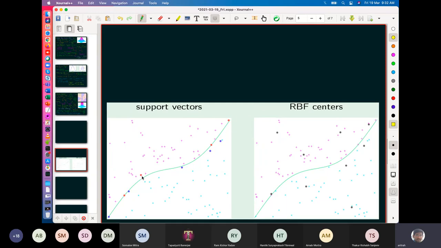Finally, you want to draw this line. As you can see, your support vectors are one here, one here, one here, and obviously on the blue side, one here, here, here, here, and here. With respect to this margin, you draw your support vector line.